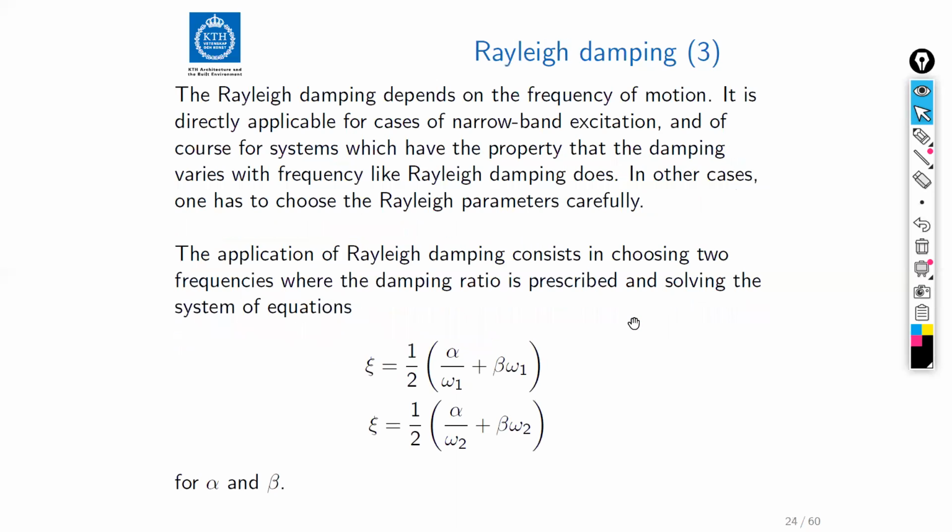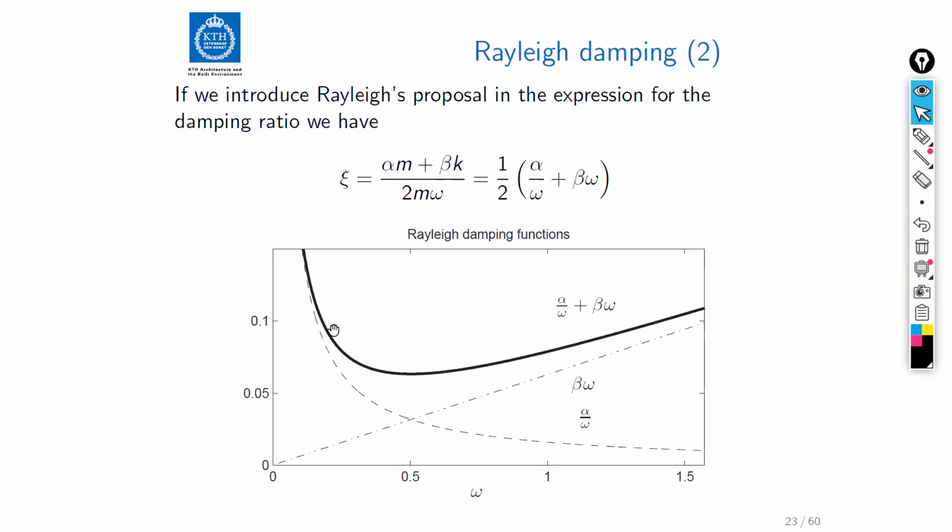Because if you remember, if we use Rayleigh damping, it can be quite difficult if you have a wide band of frequencies and you want to have precisely the same damping ratio on all of them. It simply can't be done with this standard Rayleigh model. It should also be mentioned in this context that you can extend this to have more terms and different relations between M and K, and there exist some papers about this in the literature.